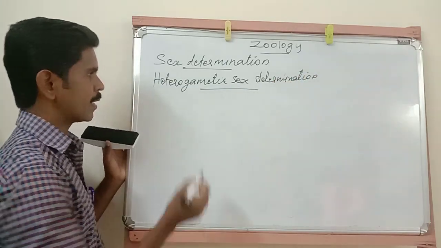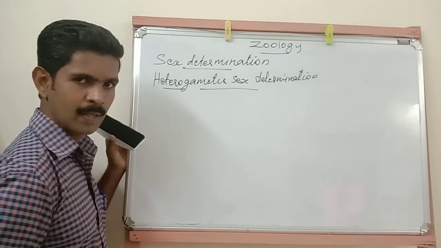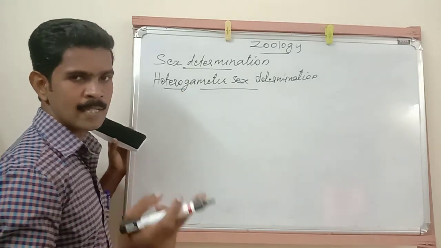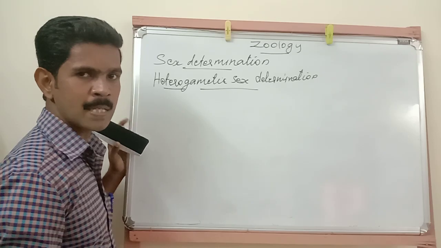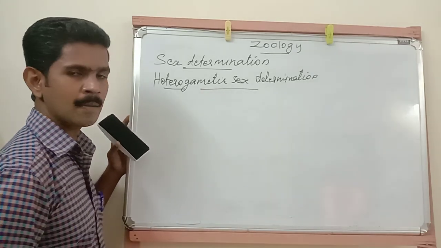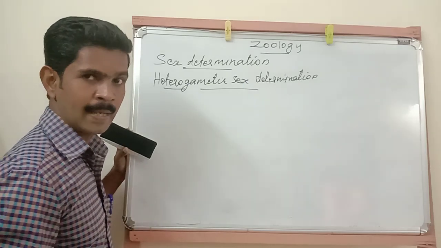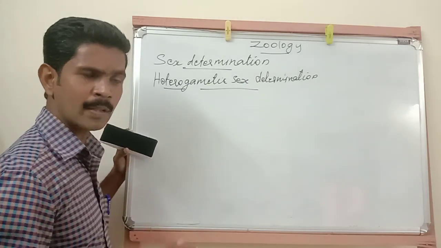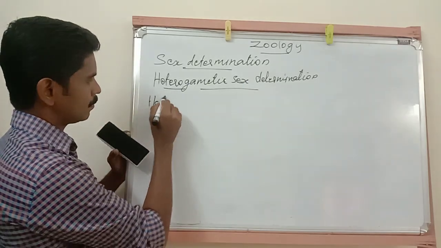Heterogametic sex determination. Here hetero means different. As I already told you, two sex chromosomes are there, and both sex chromosomes are different. Understand? And here heterogametic sex determination is divided into two types: heterogametic male and heterogametic female.